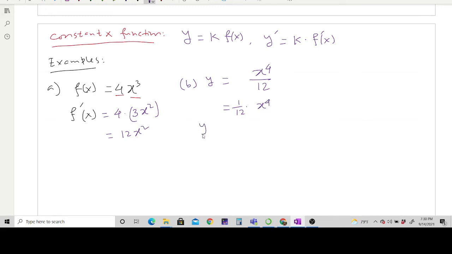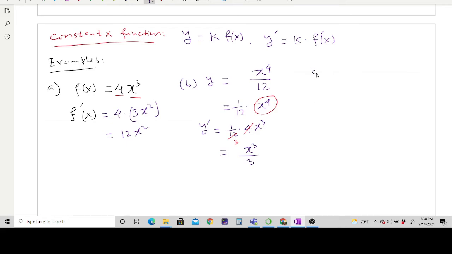Now we can take the derivative. Leave 1 over 12, which is constant, and take the derivative of x to the 4. You apply the power rule: 4 times x cubed, 4 minus 1 which is 3. If we simplify this, you can cancel this out, so you get x cubed on the top and 3 in the bottom.